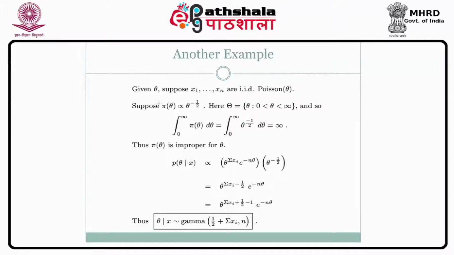So nothing wrong in taking an improper prior, so long as you get the posterior to be proper. I repeat, nothing wrong in taking an improper prior if the resulting posterior distribution comes out to be proper. So all posterior inferences could be drawn by using such a proper posterior distribution, like in that case you have the gamma distribution.